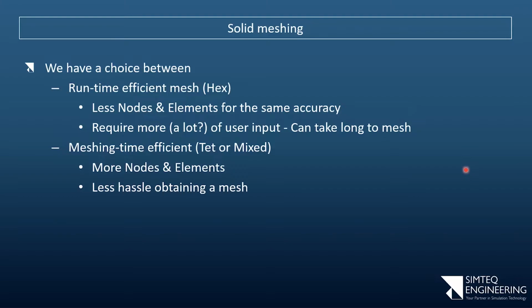If I have 2 million elements and I have to wait even a day, which I know it's not going to take that long, but let's say you wait a day for an answer, but it took you 5 minutes to mesh, while the X mesh, if it's a really complex structure, might take you 2 or 3 days to mesh, but then it runs in an hour. In that case, it doesn't make sense to try and do the X mesh, especially if you realize you need to refine the mesh in a certain region, which is a lot simpler to do with the TET mesh.